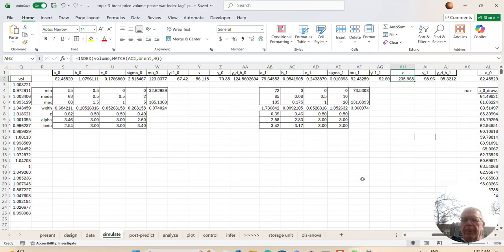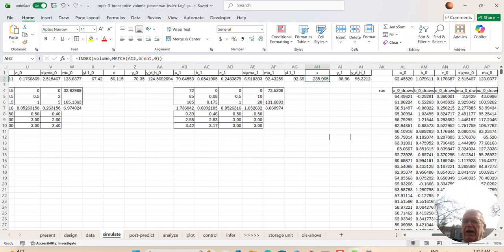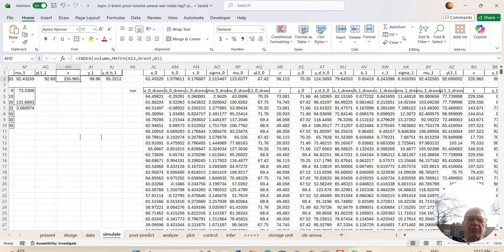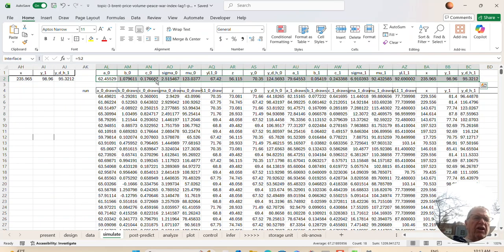Back here. Now, there's a routine in the background where all this is recalculated. The routine takes this range, which is called interface. You can see the name of it is interface.